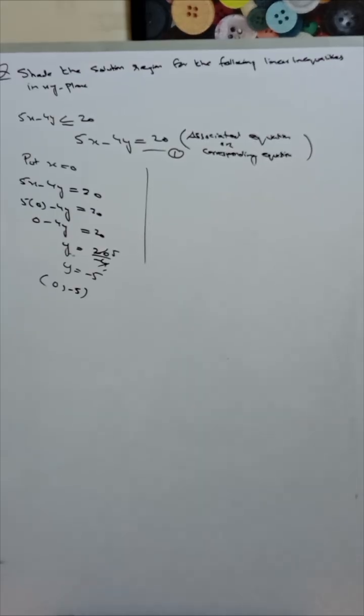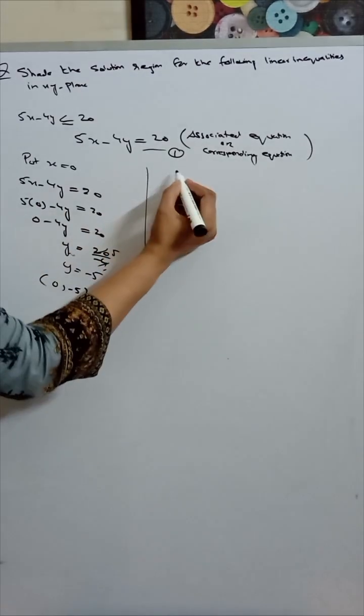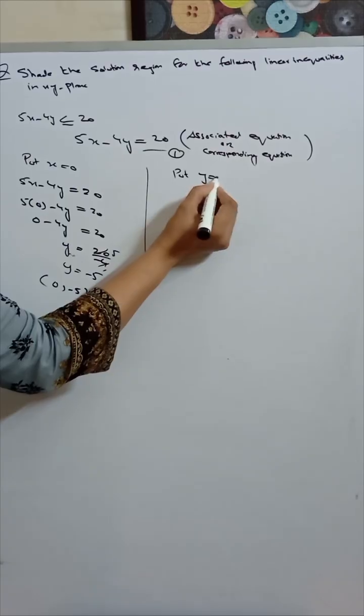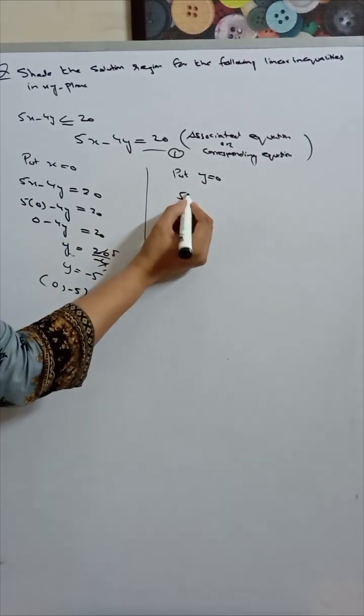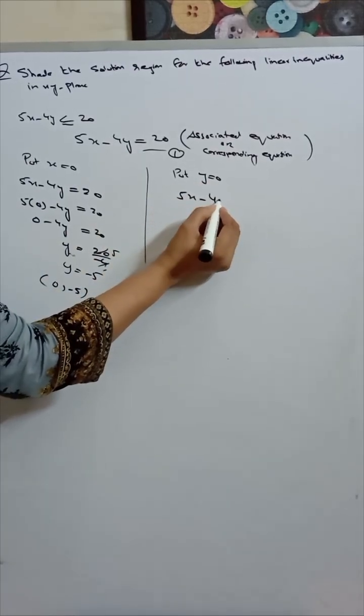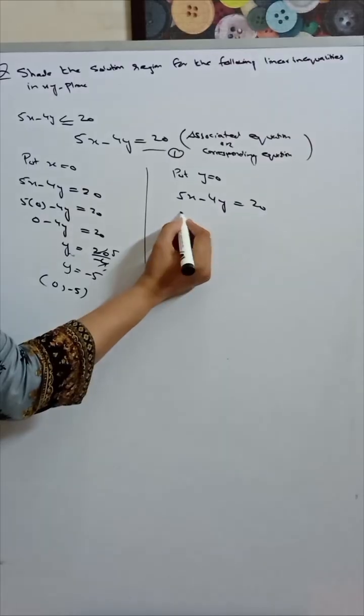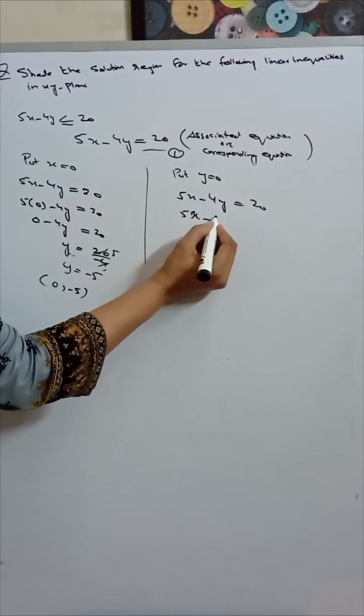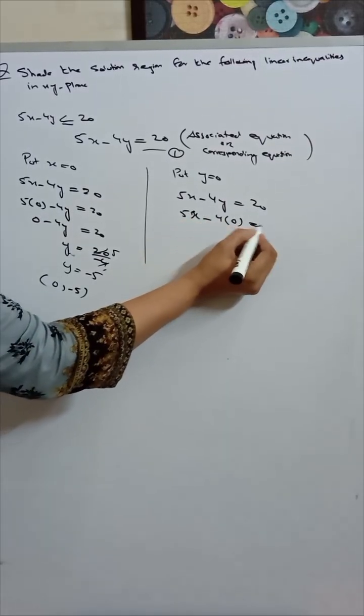Now next, put y equals to 0. So 5x minus 4y equals 20. 5x will remain the same. Minus 4, what is y? 0 equals 20.